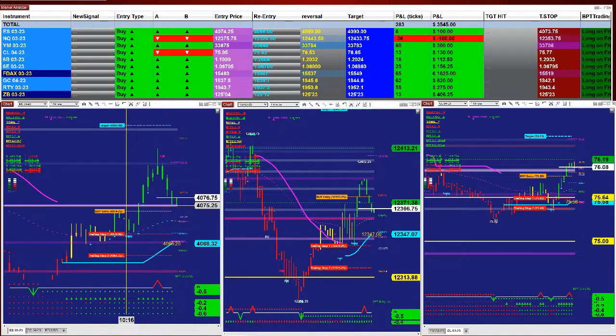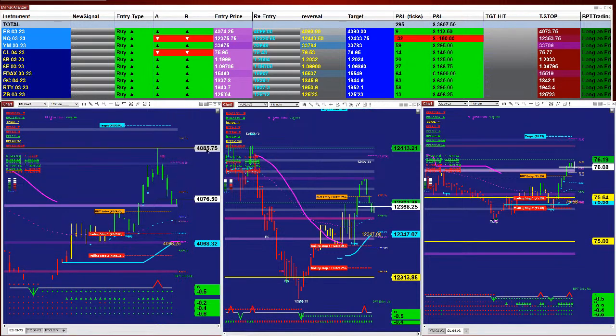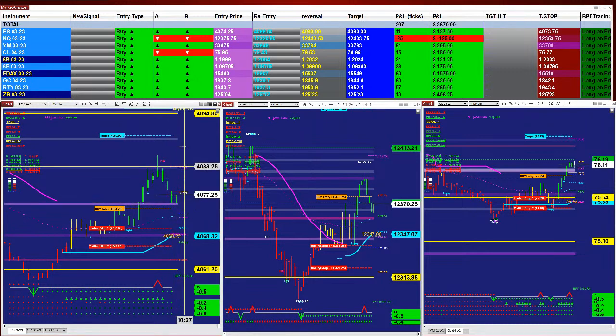If the support area does not hold, then you have a re-entry around 40.70 again, from where we started. So the market is taking a break, but we are going long. That's how I want you to look at it. You should not get scared when you are auto trading. You are on the right direction.